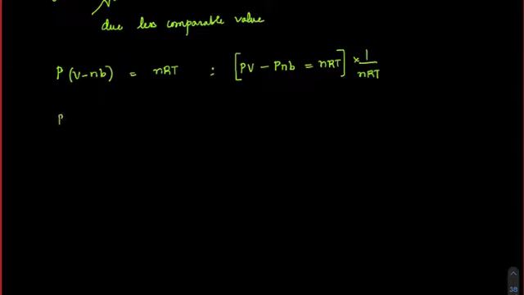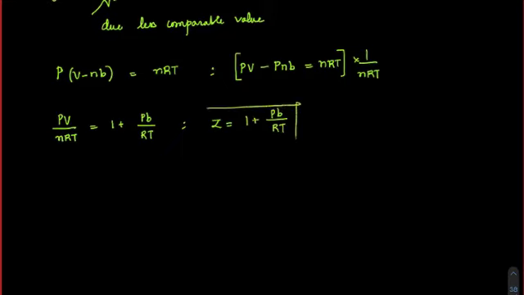That would give me PV by nRT is equal to 1 plus Pb by RT. Therefore Z would be equal to 1 plus Pb by RT. So this is an equation you will get when you are operating at high pressures.